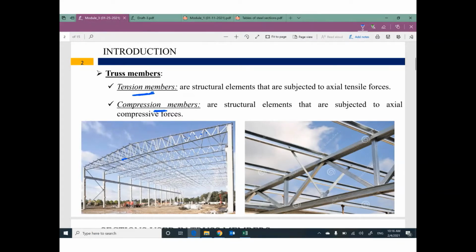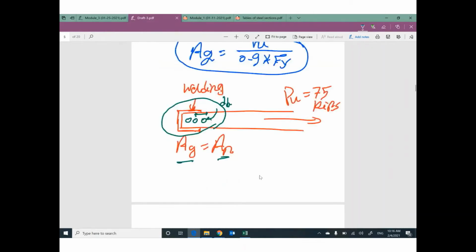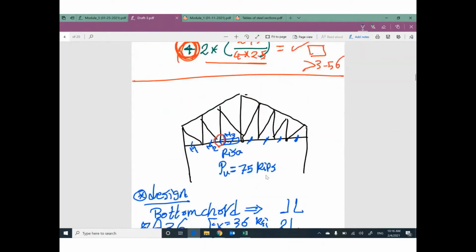Would you be wasting your time if you designed this member alone, this member alone, and each of these members alone? It doesn't make any sense. Probably you only need to figure out the maximum tension force in this member, for example, 75.